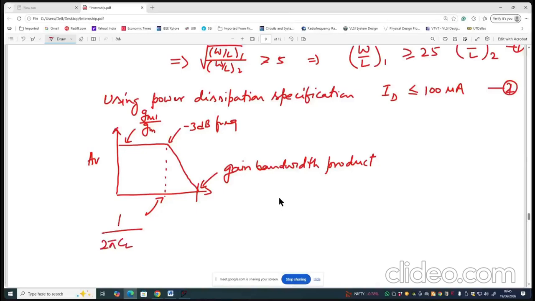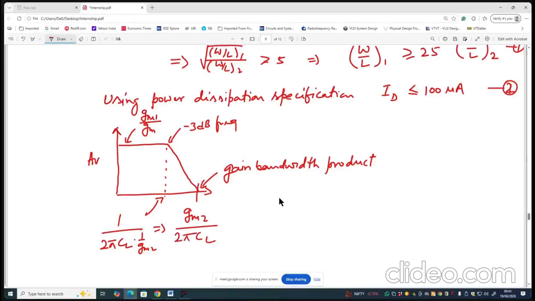R out is how much? 1 upon GM2. So this becomes GM2 upon 2 pi CL.